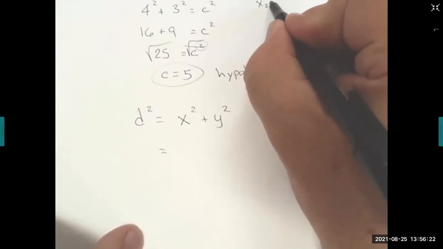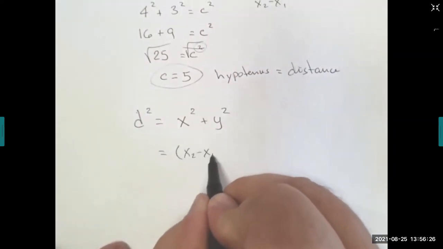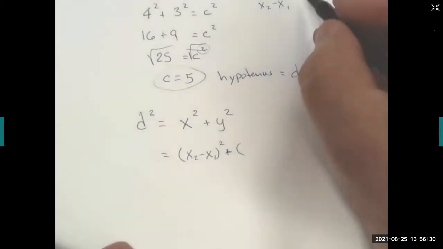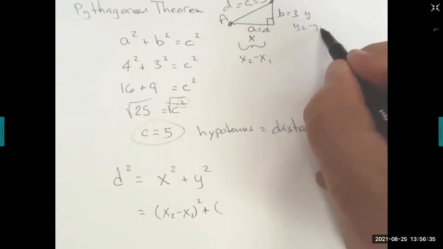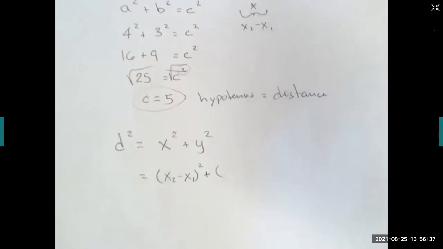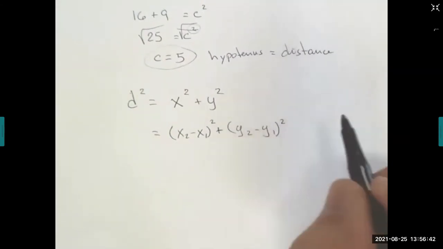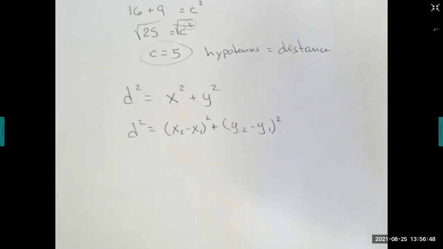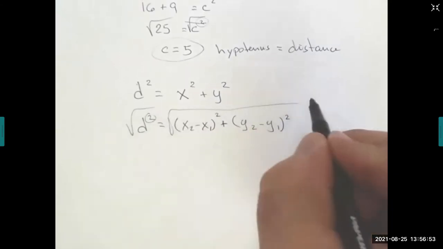This one was X2 minus X1, so X2 minus X1 squared. The vertical one was Y2 minus Y1. To get rid of the square, we square root both sides.